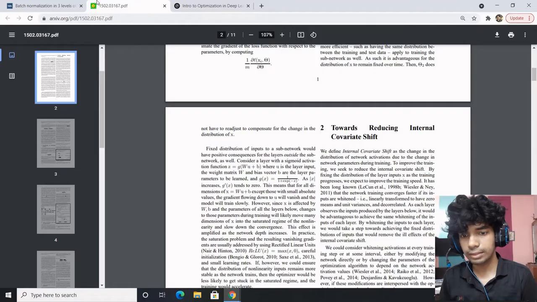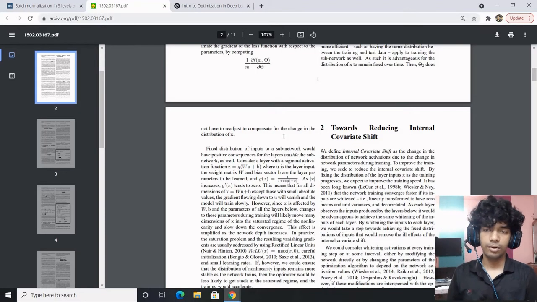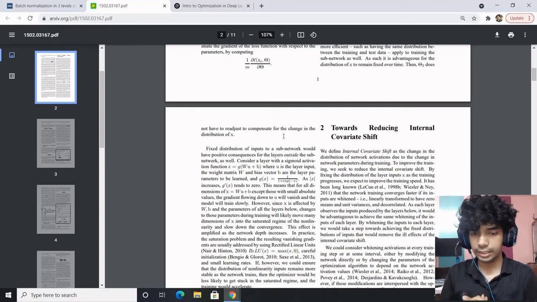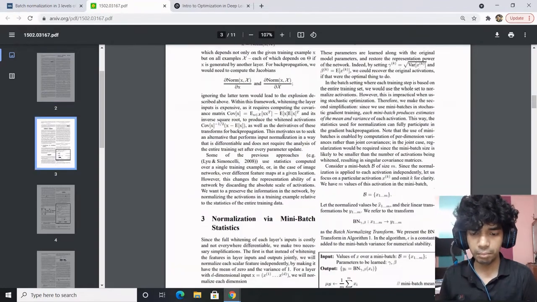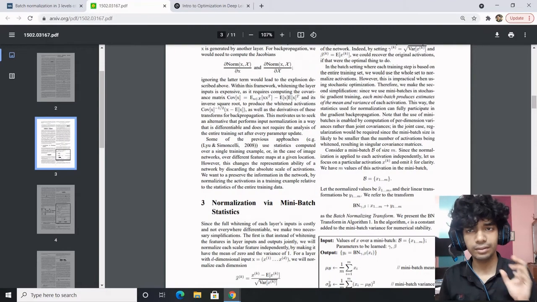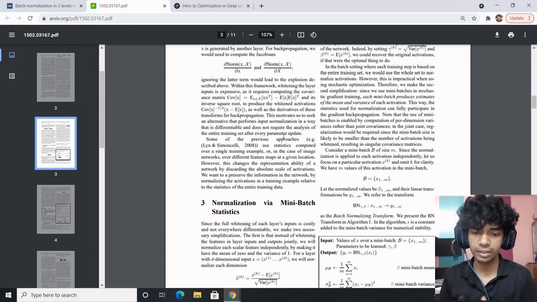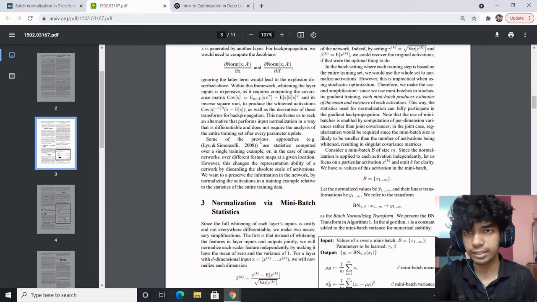Now there's one more thing I would like to discuss: for fine tuning, batch normalization should be set to false. While fine tuning or pre-training your network, you should not fine tune or pre-train the batch normalization layers. We'll discuss why in the next session.